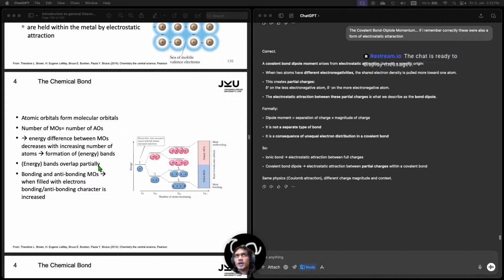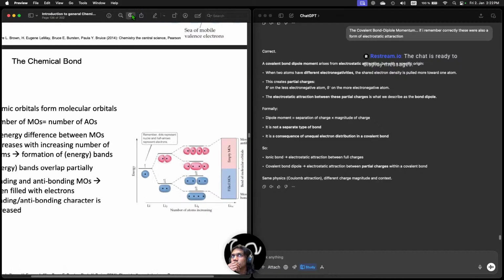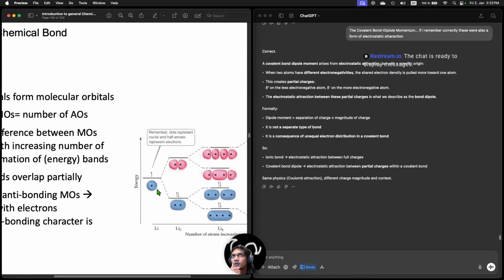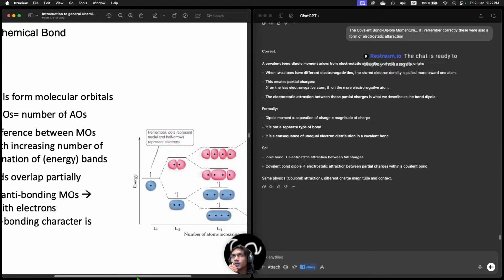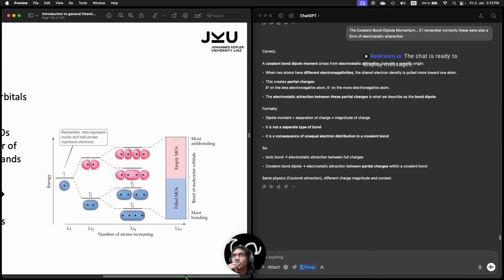Formation of energy bands. Energy bands overlap partially. What is this? Empty molecular orbitals.